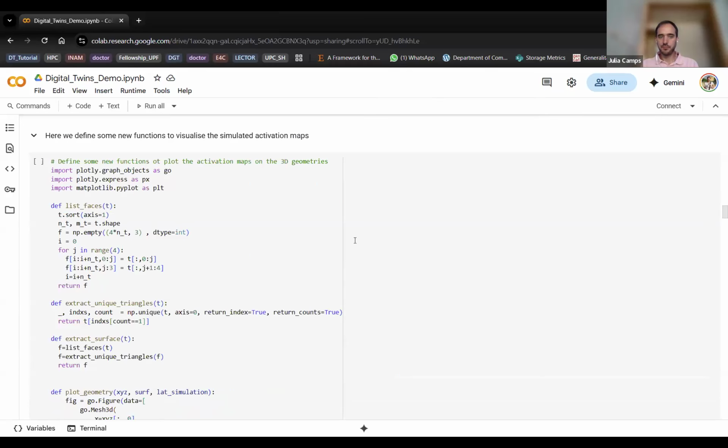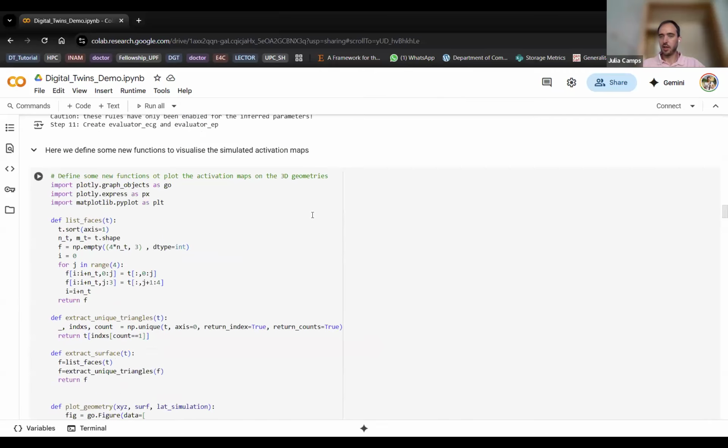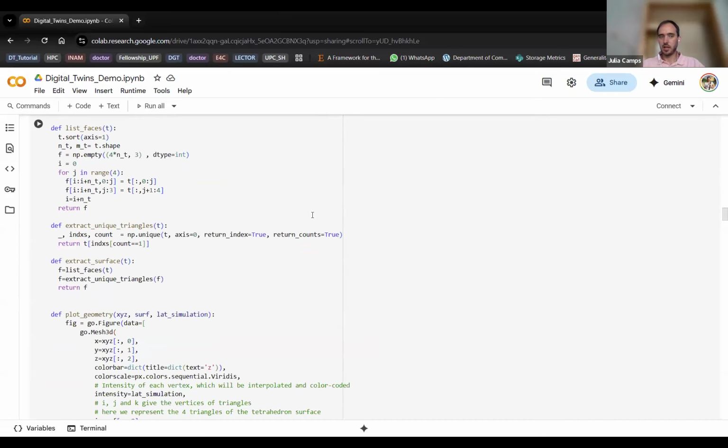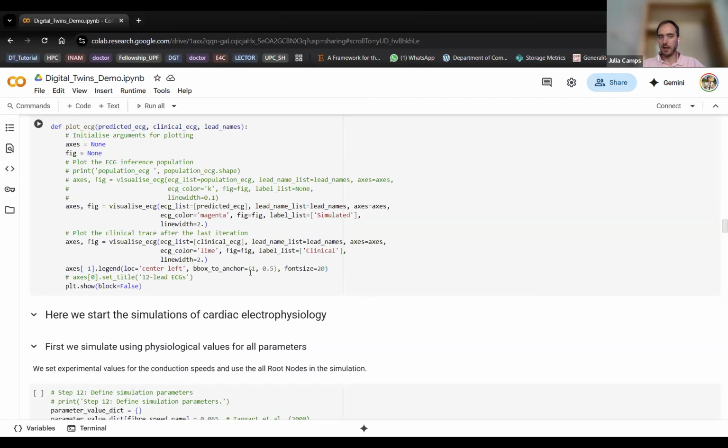Okay, then once it has prepared everything, right? And it has defined all the classes and all the objects that it needs. Here is a small snippet of code that I have added so that it can do visualizations in 3D.